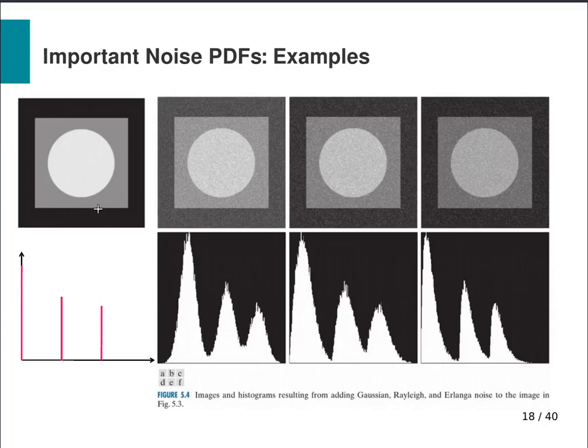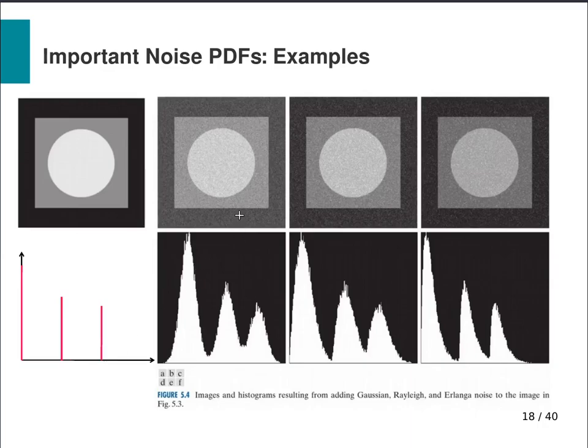Here on top left we have the original image in which we have 3 different regions, each having one single intensity value. If I draw the histogram of this image, this is what it looks like in general. We have 3 peaks at the location of the 3 intensity values.